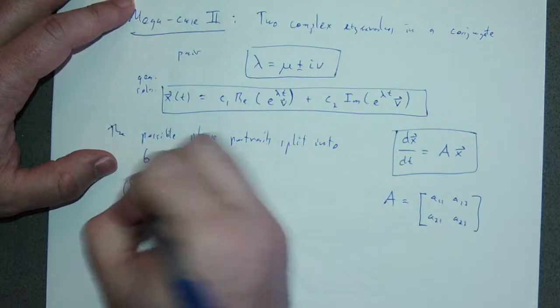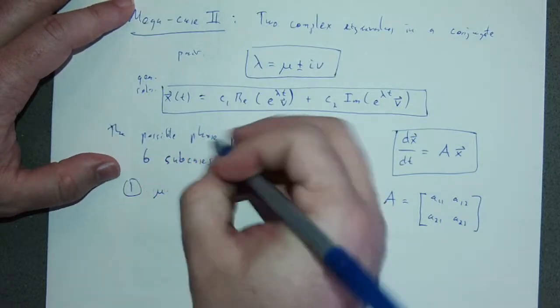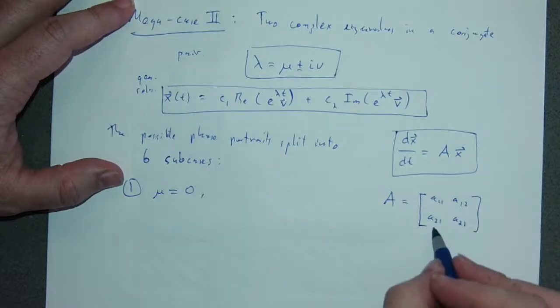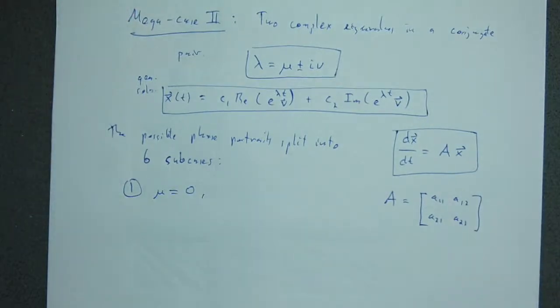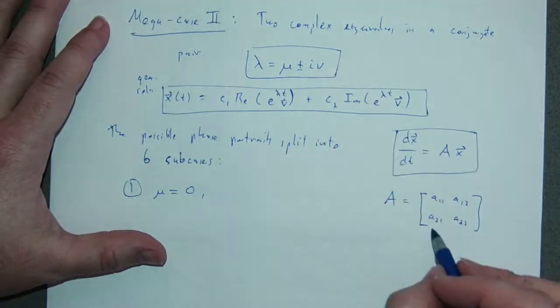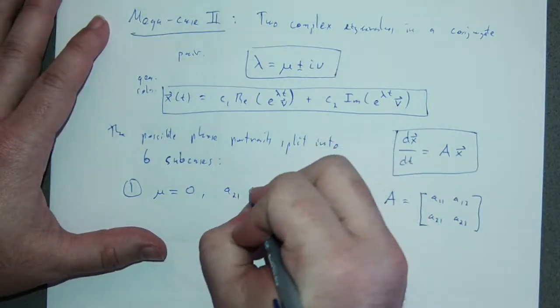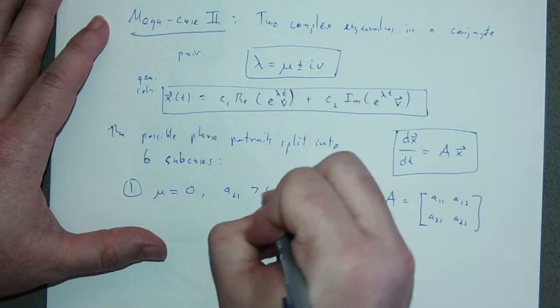So 1, mu is 0, and this entry here, A21, is either positive or negative. So mu equals 0, and A21 is positive.